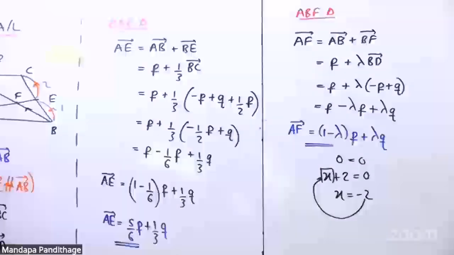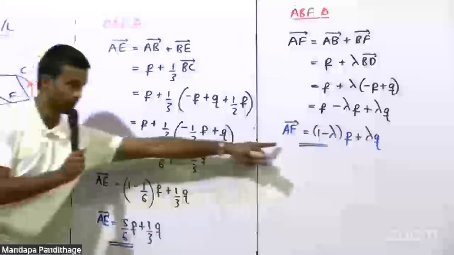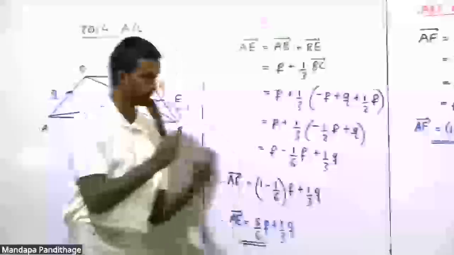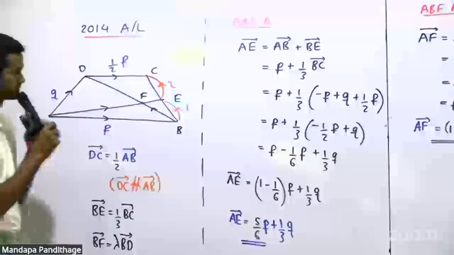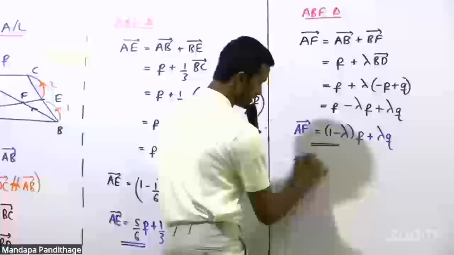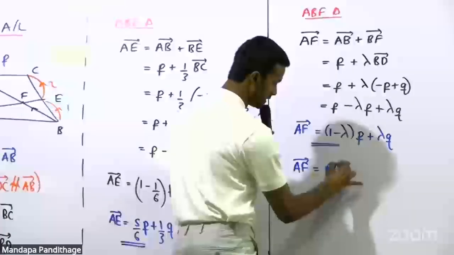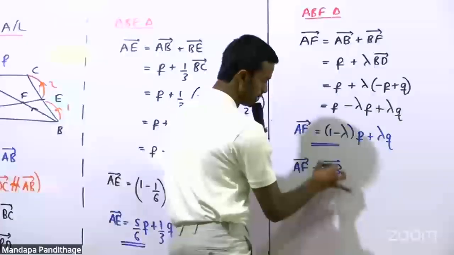Now the most common method under this theory was that you were using the vector addition. Now what I'm doing here, I have already got this answer, and I'm again applying vector addition in this triangle. I'm writing that AF is equal to AB plus BF.